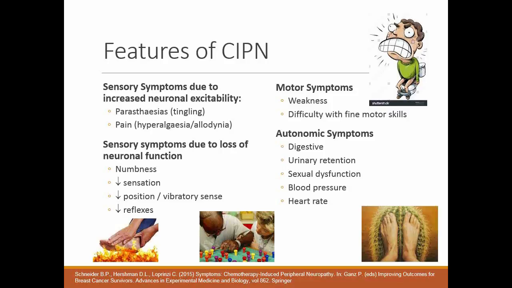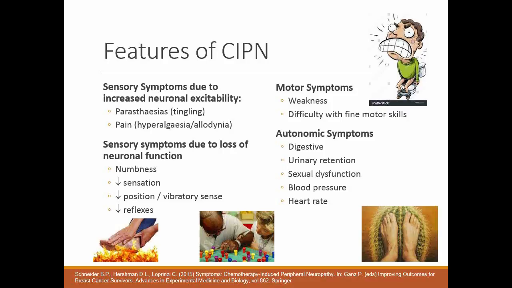And just going back to this issue that we've had all along about experimental studies versus human studies, and why is some of this data good with experimental studies with animals and not with humans. And this is this whole central sensitization issue that Michael was talking about this morning. So there's a lot of pain sensitivity that comes along with CIPN.